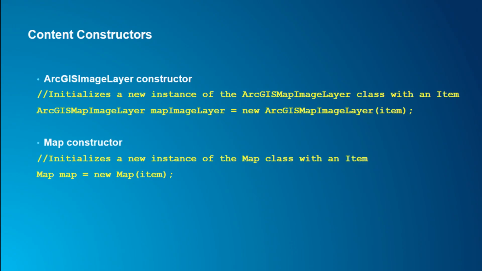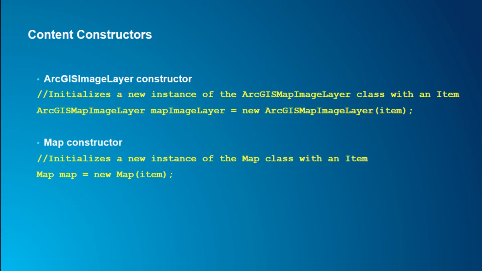So as you can see from the top here, we've got an ArcGIS image layer which we're creating, and it's just a case of using the constructor which takes portal item. So all we would do here is take one of the items we'd returned previously in one of the searches, we can pass it in here and we'll create a new ArcGIS image layer with that portal item. And that's it. We don't have to pass in any URLs, nothing else. It's just the item. And that constructor will handle all that for us. And then we can obviously add that layer to our map and our map view, and it will be visible in our application.